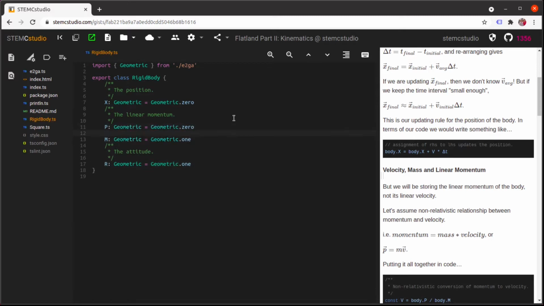And then here, the meaning of 1 is, it could be 1 kilogram if you're working in SI units, or it could be a dimensionless quantity if you decided you're going to work in dimensionless units. So it can be whatever you want.